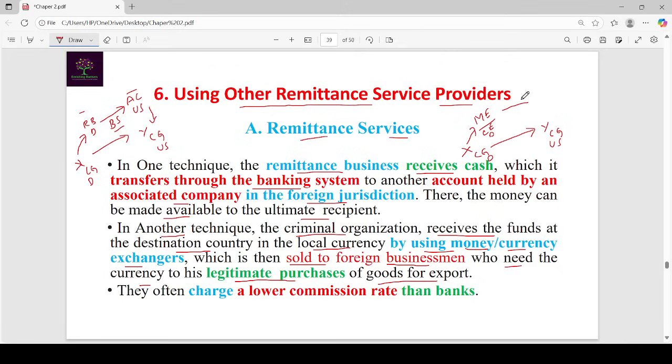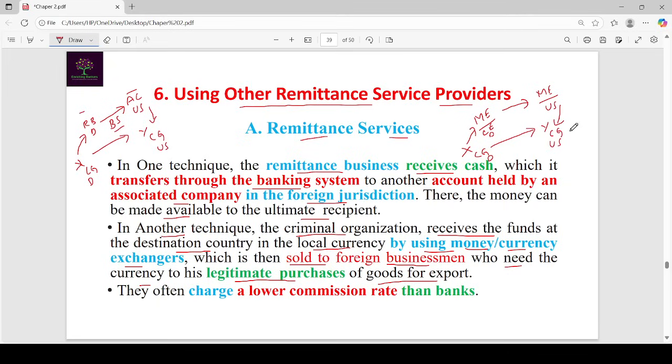So, this exchanger has another office in US. X criminal group gives money to the money exchanger. This currency exchanger delivers the amount to the money exchanger in US. So, here this exchanger delivers the amount to the Y criminal group in US, that is in local currency.